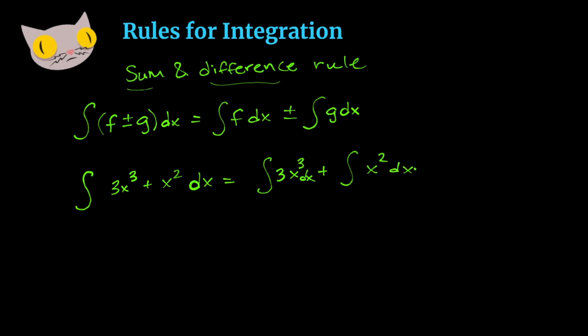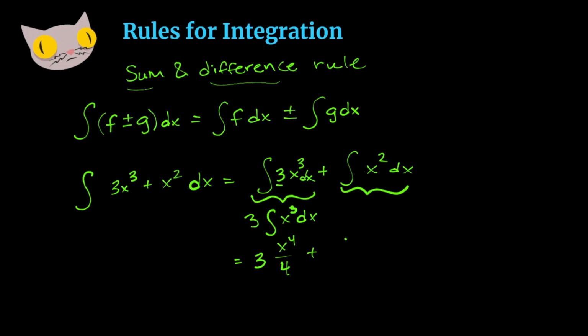Don't forget that. Then we solve one integral, so we're going to pull our 3 outside of the integral. Then we're just doing x cubed with respect to x. That's going to give us 3 times x to the 4th over 4 plus the integral for x squared with respect to x.